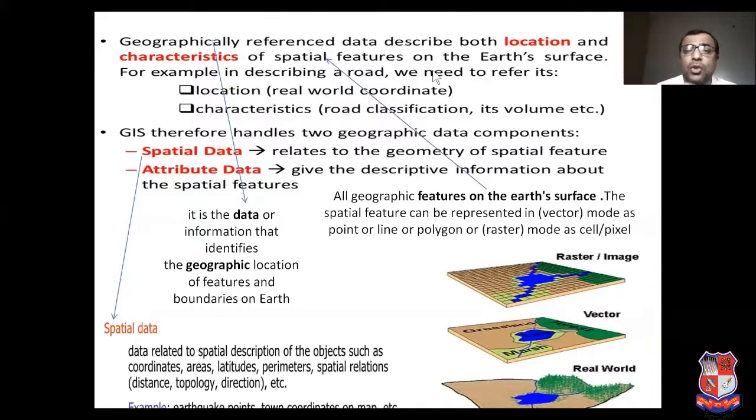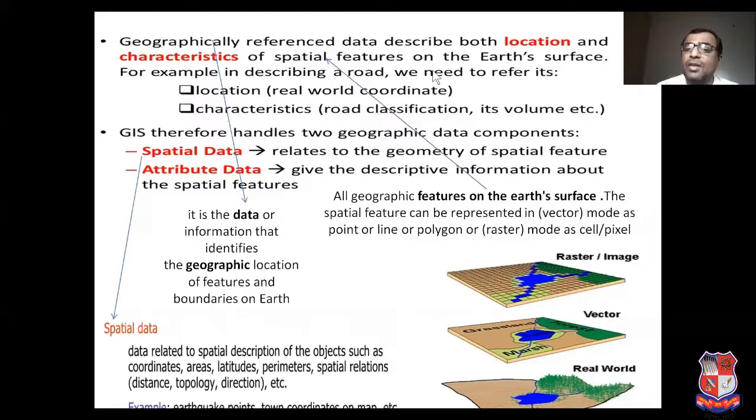Geographically referenced data means the data or information that identifies the geographical location of the features and boundaries that are located on the surface of the earth. And spatial features means all the geographical features that are located on the surface of the earth. Here we have to consider them as spatial features with respect to the space.